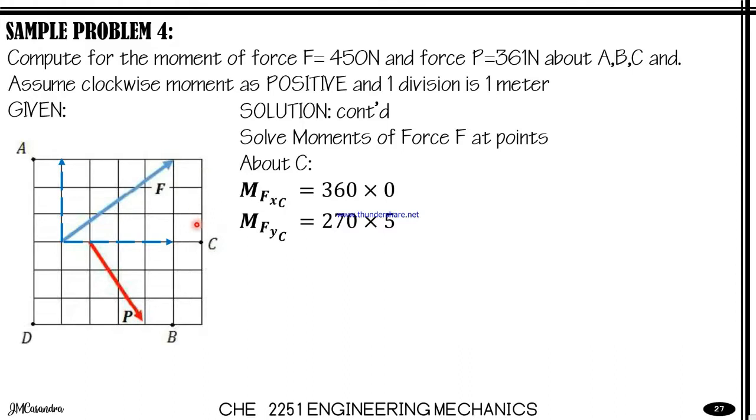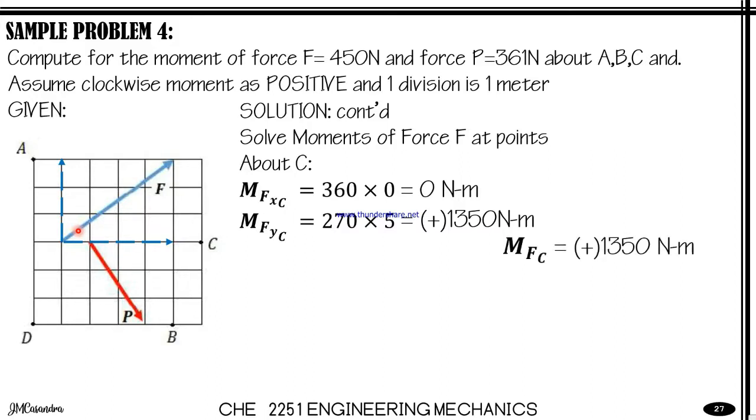No, this is 1, 2, 3, 4, 5. That's why it's multiplied by 5. So it will give us 0 Newton meters for Fx and a positive 1350 Newton meters for Fy. So adding it up, the total moment at point C caused by force F is 1350 Newton meters clockwise.